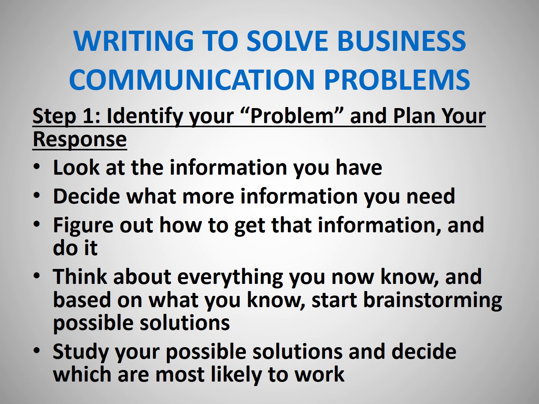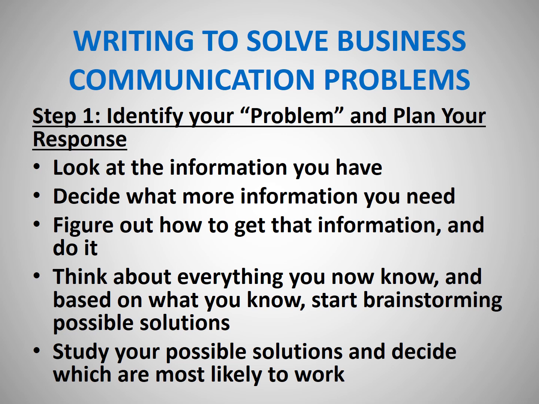The first thing I want to do is look at what information I have that I can use in writing to solve this problem, to deal with this issue, to accomplish what I need to accomplish. I look at what I already know. Then I decide what more I need to know, what more information I'll need. Then I figure out how to get that information. I get that information, then I bring it together with the information I already had.